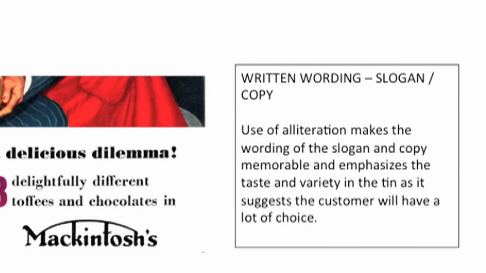You could look at the use of alliteration in the slogan, the fact that it says delightfully different. Any alliteration is a good way of making your product seem memorable, and it also emphasises the different part. It emphasises the variety of chocolates that are going to be on offer in the tin.